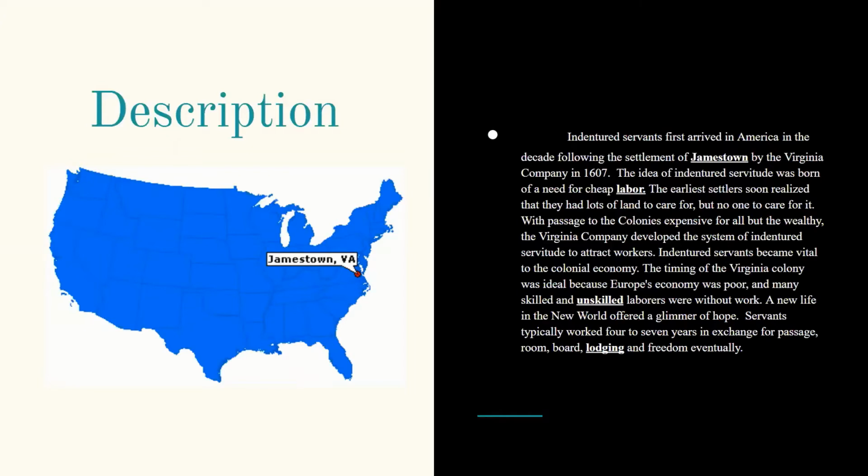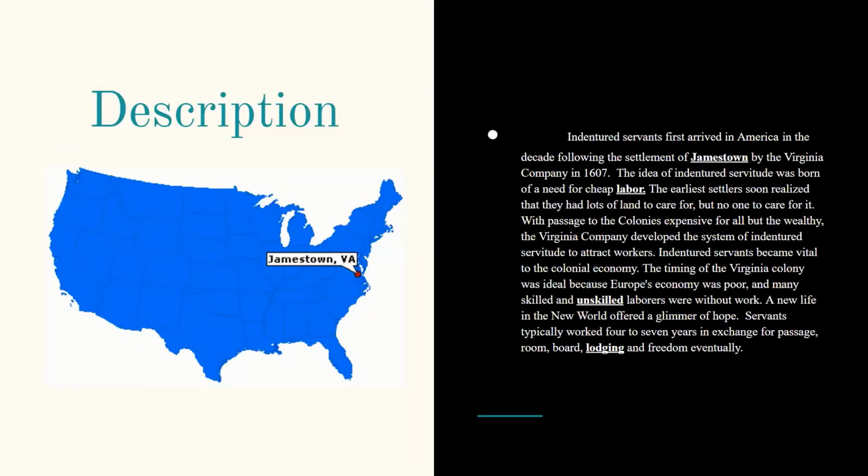Virginia Company in 1607. The idea of indentured servitude was born of a need for cheap labor. The earliest settlers soon realized that they had lots of land to care for, but no one to care for it. With passage to the colonies expensive for all but the wealthy, the Virginia Company developed the system of indentured servitude to attract workers.